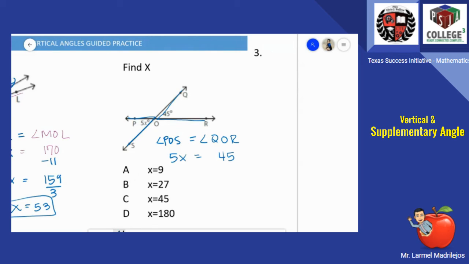So this is just one operation. 5x is 5 times x, so the opposite of multiplying is dividing. I'm going to divide by 5 on both sides of the equation. So the value of x is 45 divided by 5, which equals 9. Letter A.